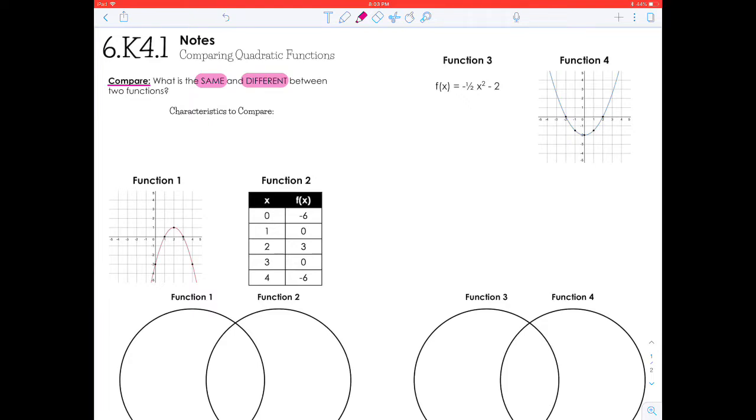And so some things that you will want to include in your comparison are just going to be all of the key features that we have talked about so far with quadratics, and any of those characteristics that we've talked about throughout. So those include, you'll want to write these down, things like your vertex, how wide the graph is, so that comes from your A value.